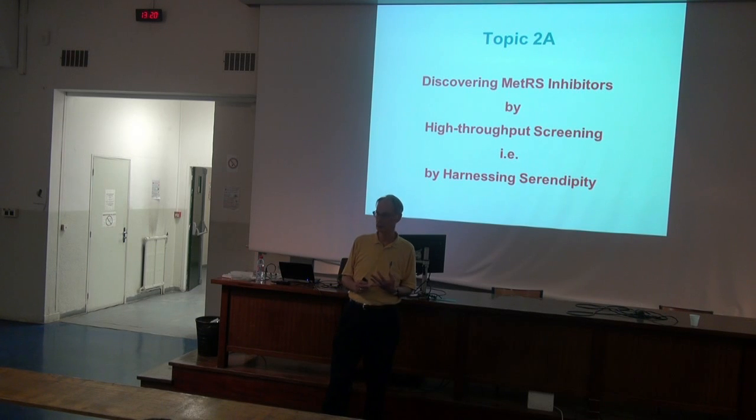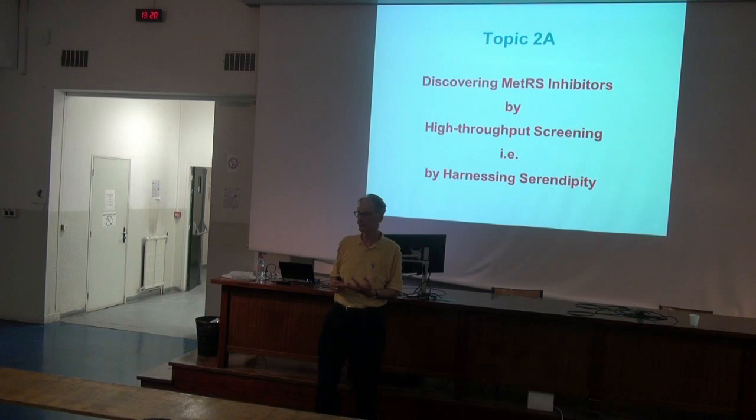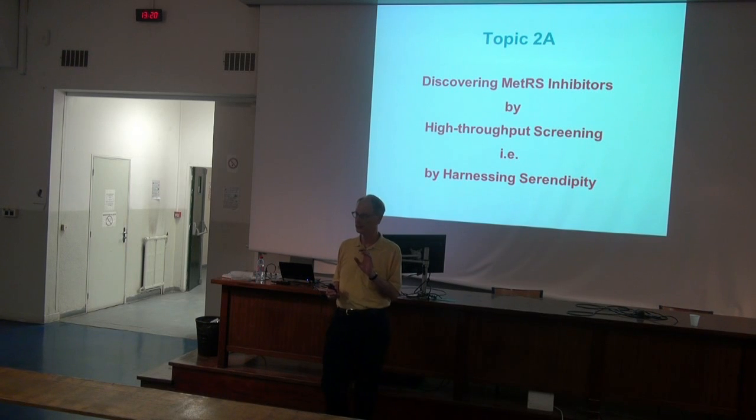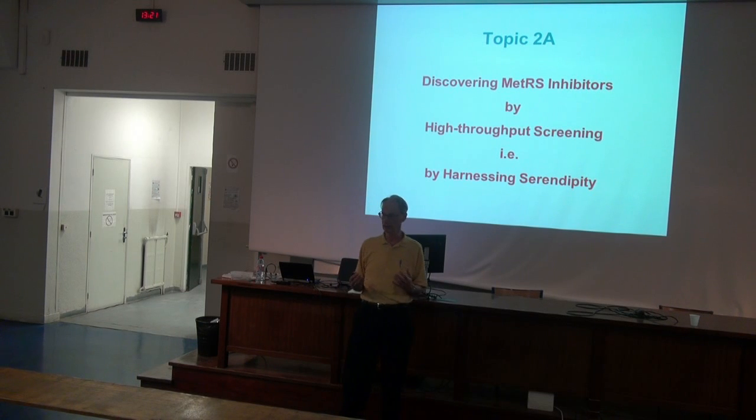Methionine is quite hydrophobic, so there is a methionine binding pocket. That could also be a very good drug binding site. So this tRNA synthetase has several characteristics, before you even start doing something, which make it likely that you will arrive at a drug eventually.